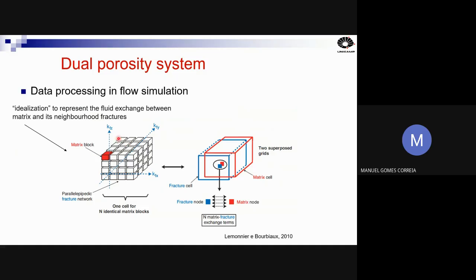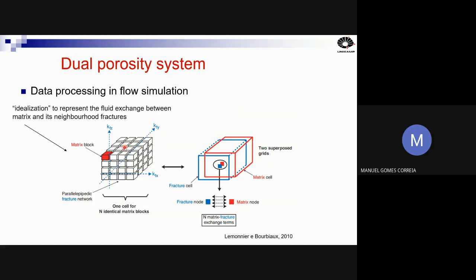represents how the flow simulator sees the fractures that you're gonna input in flow simulation. So for each block that you have in flow simulation, you have a kind of idealization to represent the fluid exchange between matrix and fractures. I call it idealization because the bibliographic reports call it this as idealization because this is how simulators see your fractures.